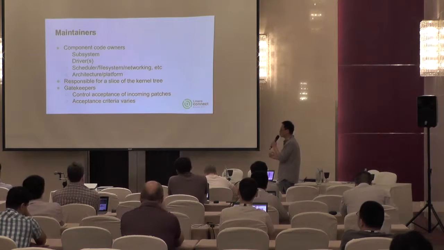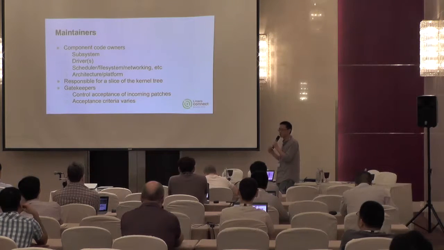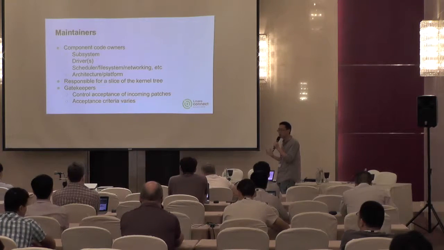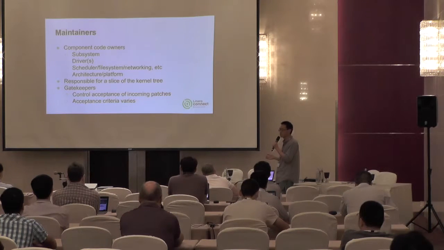When you send out a patch, the maintainer has the responsibility to review your patch. They control the acceptance of incoming patches. That means the maintainer is the only path for your patch to be accepted by the Linux kernel.